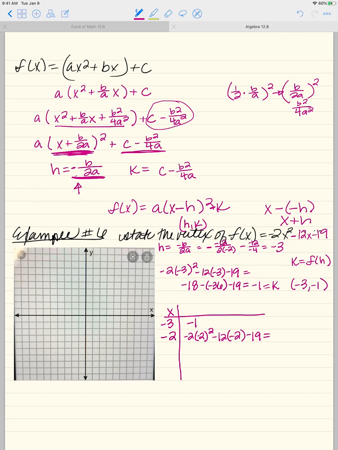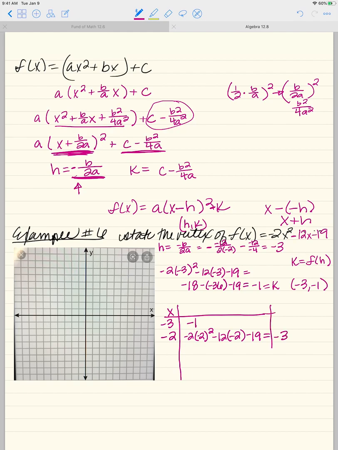So that's negative 2 times 4, which is negative 8, minus negative 24. So that's negative 8 plus 24 minus 19, which gives us negative 3.